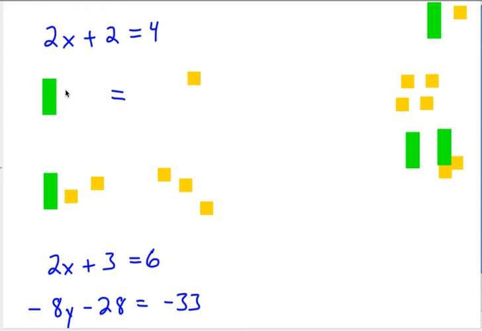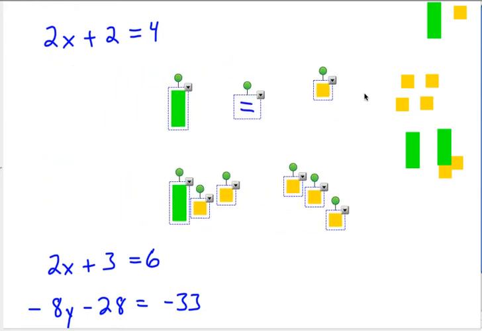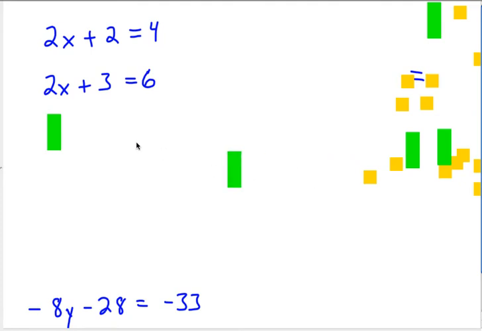Now the problem is, let me get rid of this stuff. Okay, the problem is if we have an equation that looks like this. So now I have 2x plus 3 equals 6. So I'm going to bring back some of these. So 2x, I've got 3 of these. And it's going to equal 6.